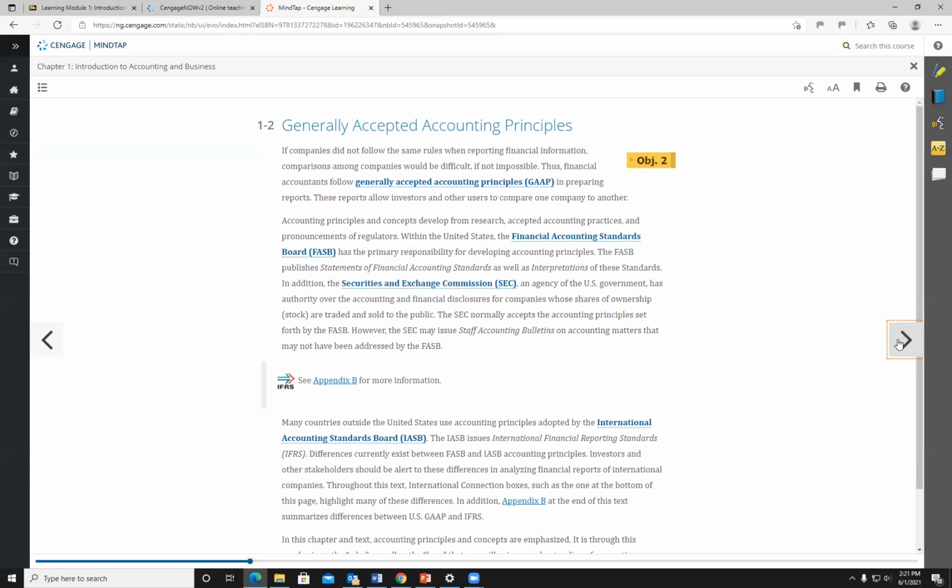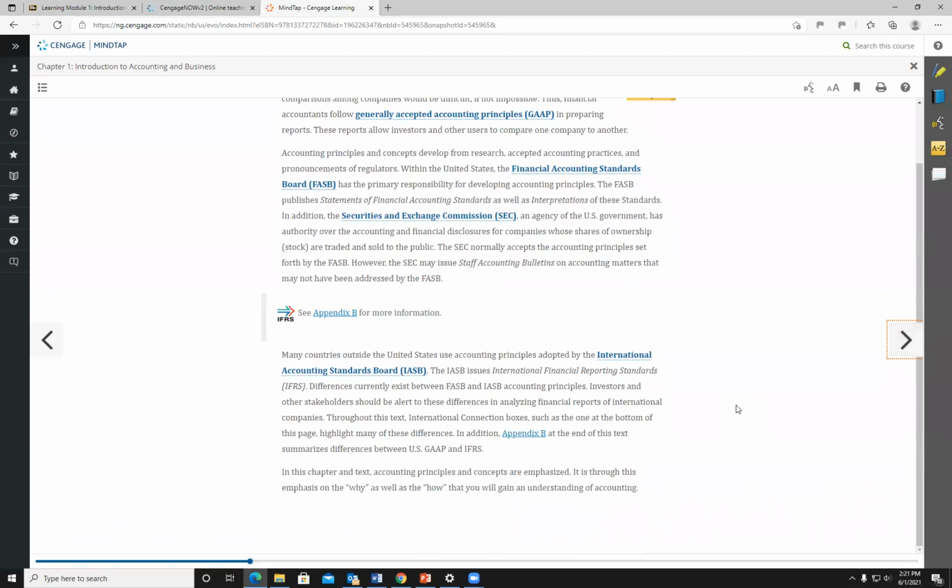Furthermore, in addition to the FASB, we have the Securities and Exchange Commission, also known as the SEC, which governs the companies that are publicly traded. Now, that's within the United States. Outside the United States, there is the International Accounting Standards Board, the IASB.